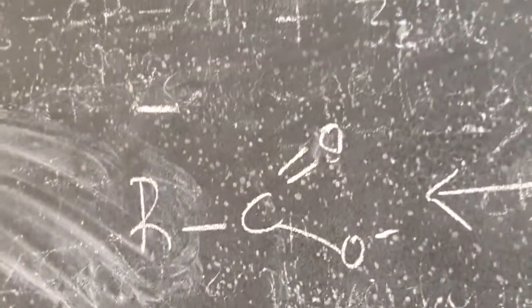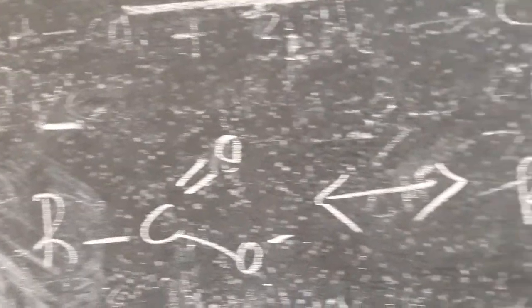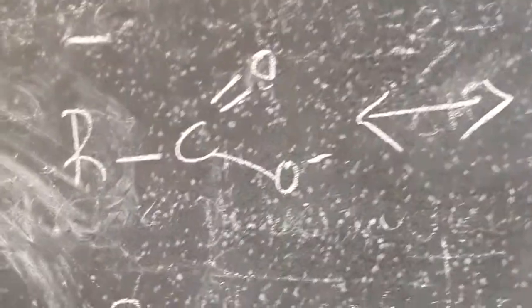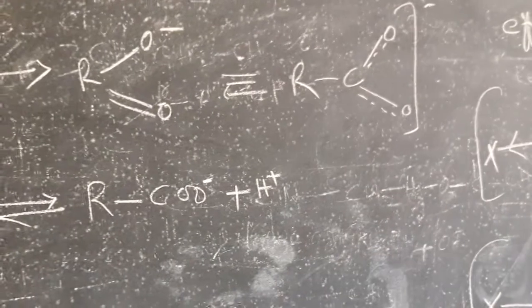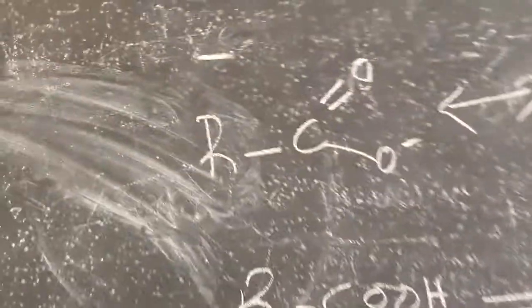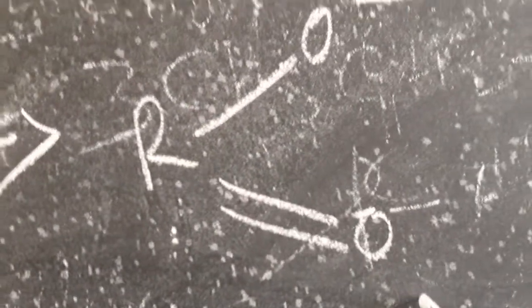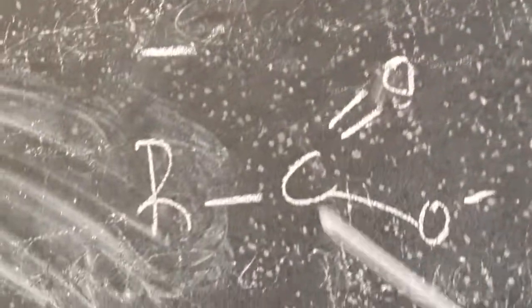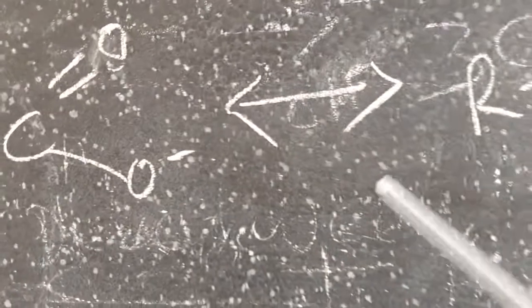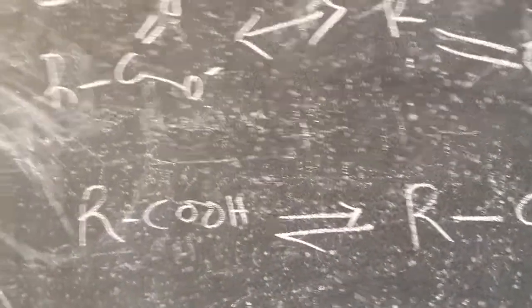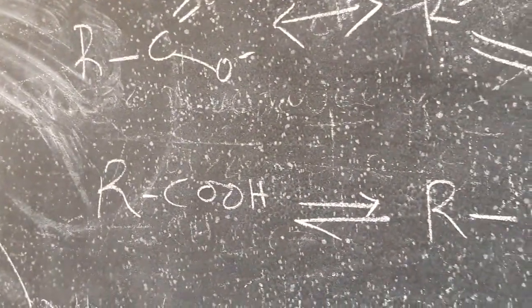Carboxylate ion is written here, which can be stabilized by resonance because the negative charge can move from this oxygen to this oxygen. The double bond is interchanged, so you get two equivalent structures like this. These are the resonance structures of carboxylate ion.